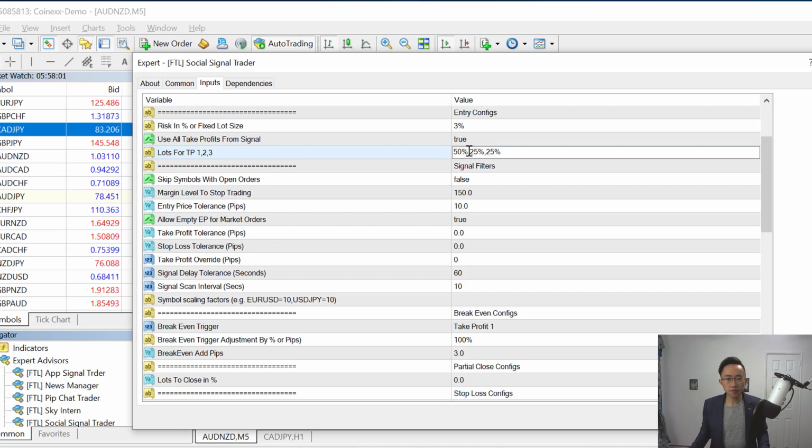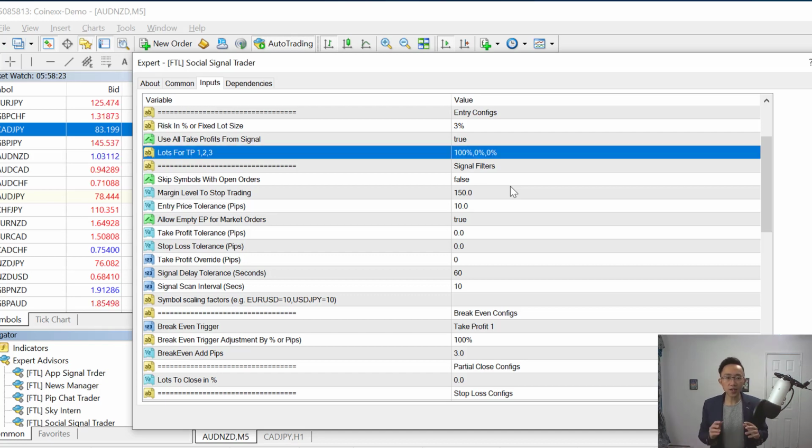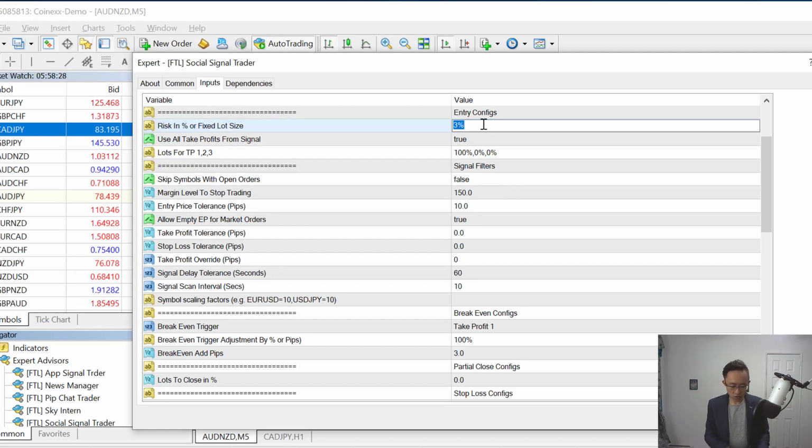In this case, 50% of my lot size will go to TP1, 25% to TP2, and the other 25% to TP3. If you want everything to go to TP1, just do 100%, 0%, and 0%. It has to have 3 numbers in there.